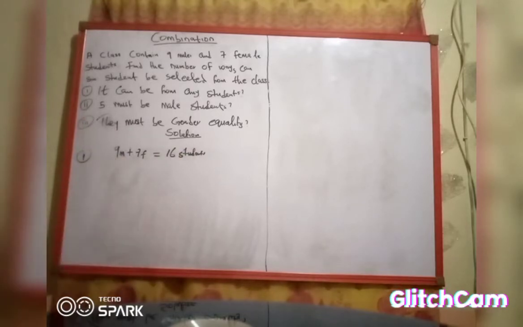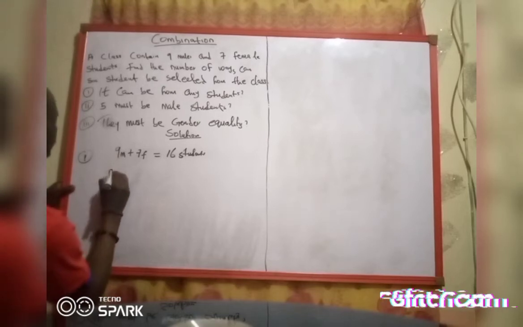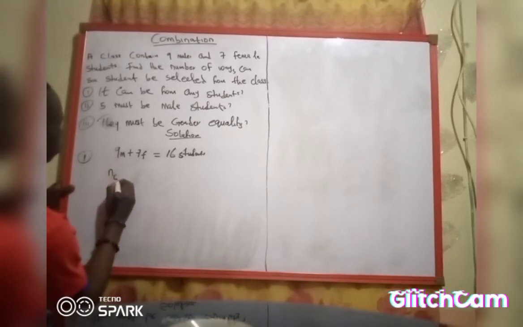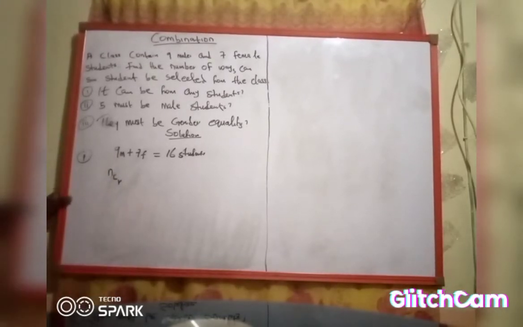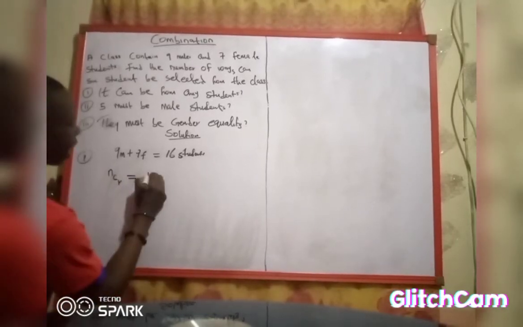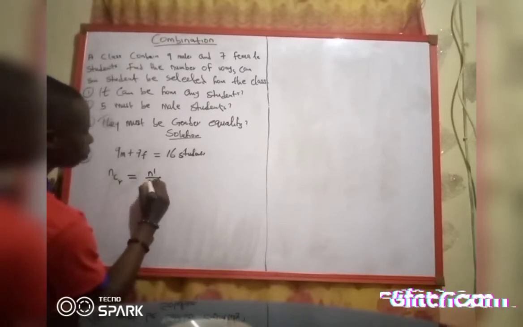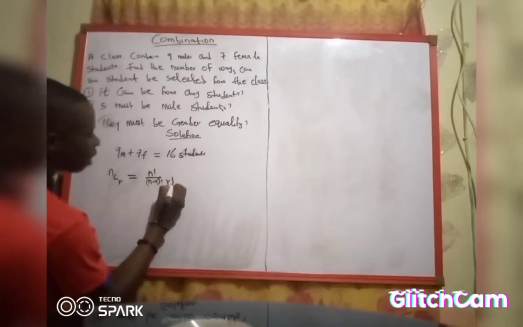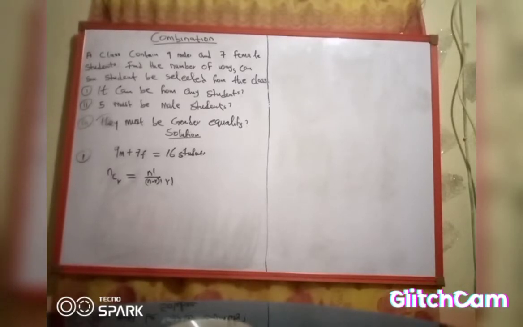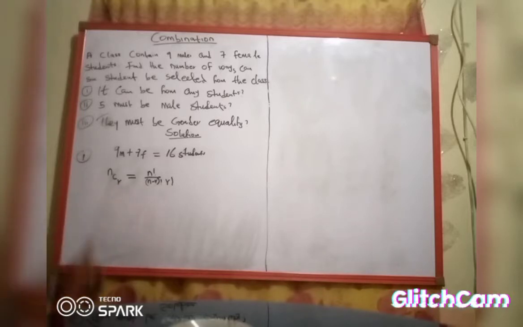So the formula to calculate this is n combination r, and this formula can further be expressed as n factorial all over (n minus r) factorial times r factorial. So let us substitute into this formula. My n is the total number of students, while my r is the number of selection.